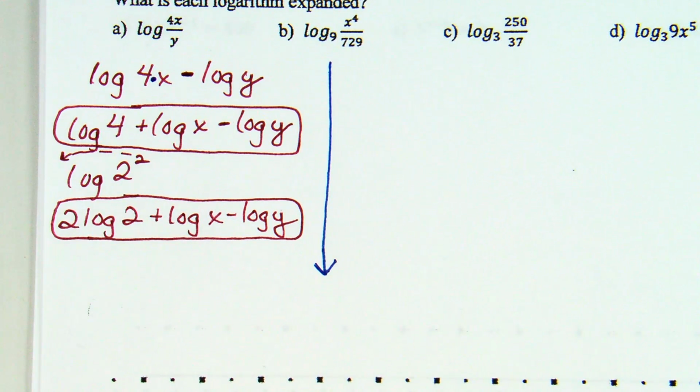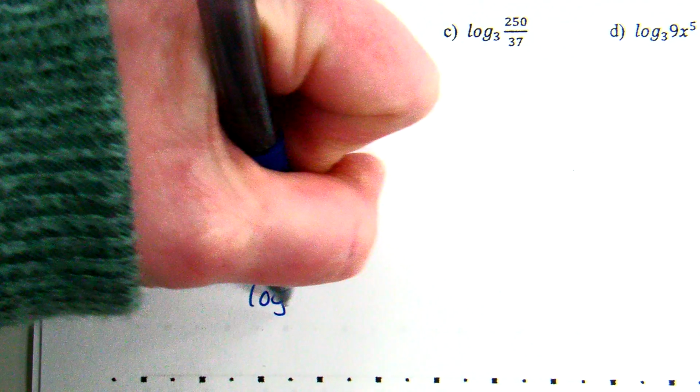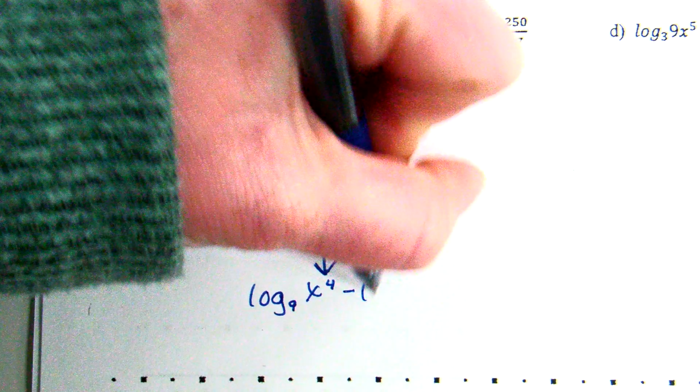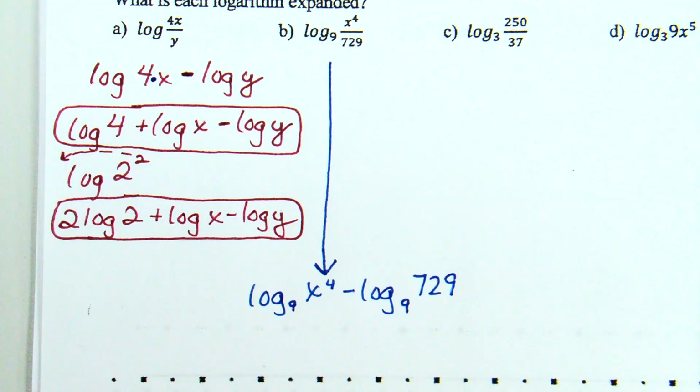Fraction bar indicates division, which means division inside a log can be rewritten as 2 logs being subtracted. So I can start off writing log base 9 of x to the 4th minus log base 9 of 729. I would like to think everyone can get to that point.